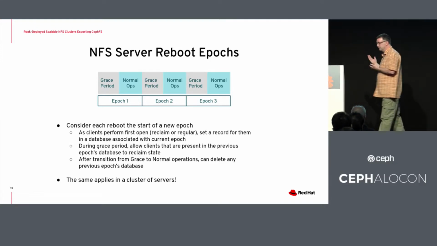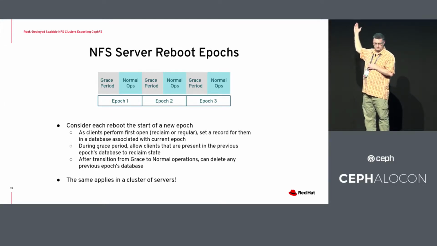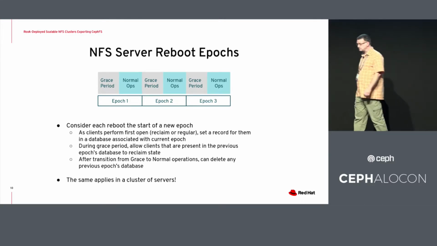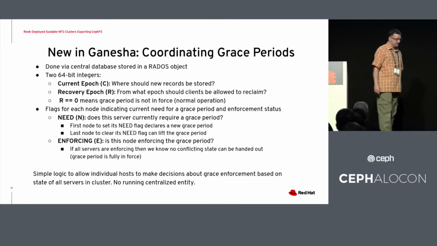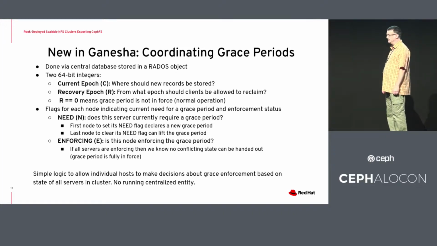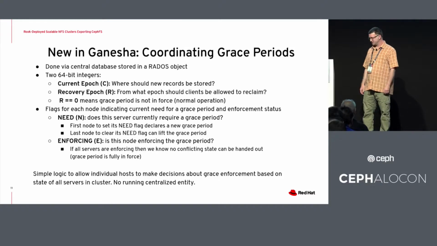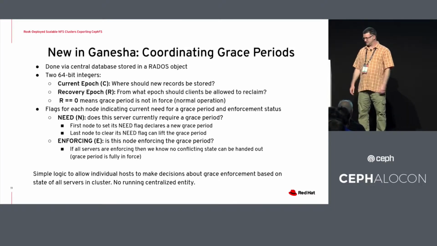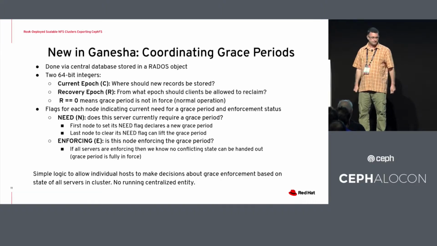The key point, and the reason why this matters, is that we can apply this epoch concept across a cluster of servers. This is new in Ganesha. We wrote a new Rados recovery backend for Ganesha that keeps track of a coordinating database within a Rados object, to allow multiple servers to coordinate what epoch we're in at the time, and which epochs we're allowed to recover from.